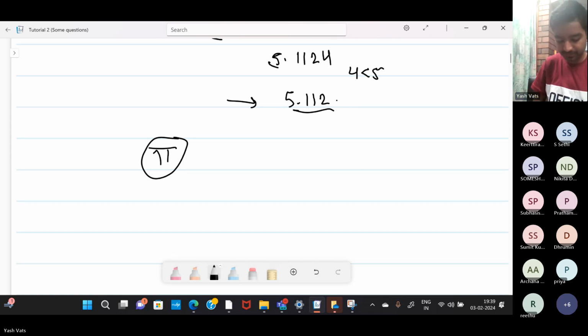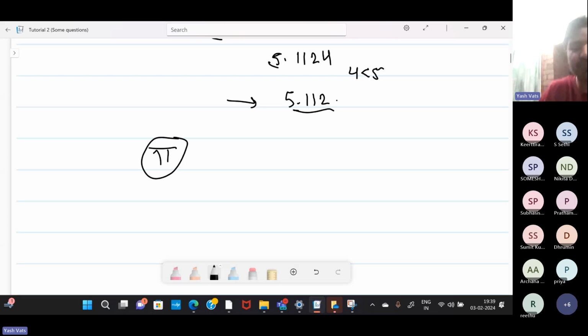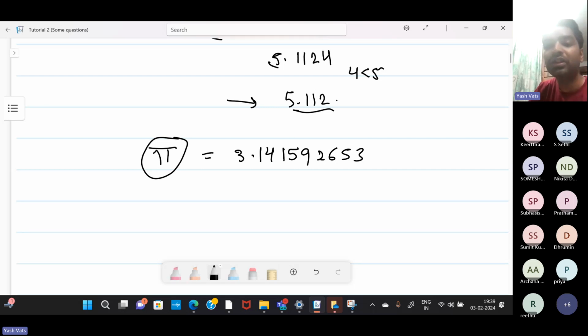Okay, let me use the calculator to find the value of pi up to 6 decimal places. It is 3.141592653, maybe some more digits. So till 6 digits, 141592.